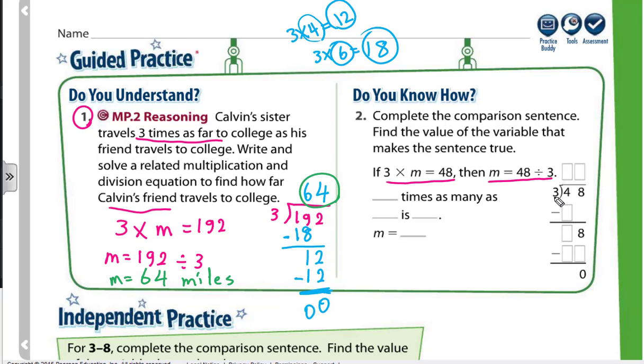4 divided by 3. Okay. Yes, my hero. 4 divided by 3. What, mister? 4 divided by 3. 3 multiplied by what number gives less than 4? 1. 1, because 3 multiplied by 1 equals 3.